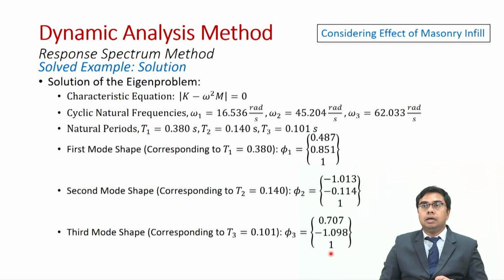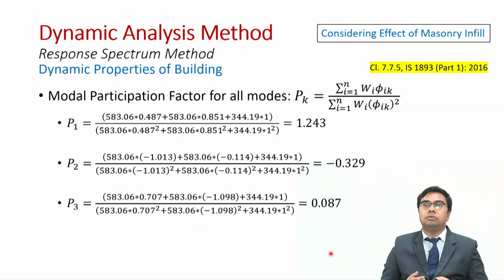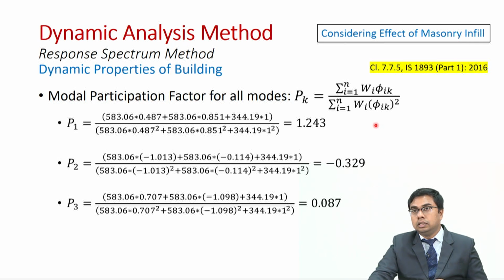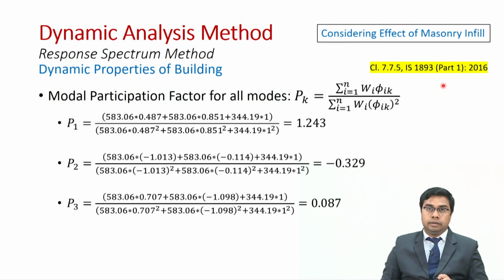Now, once we have this information about dynamic properties, let us also calculate the other two dynamic properties, which are modal participation factor and modal mass. The expressions are also given in this slide and are available in IS 1893 part 1 2016 as well as standard textbooks on structural dynamics and earthquake engineering.